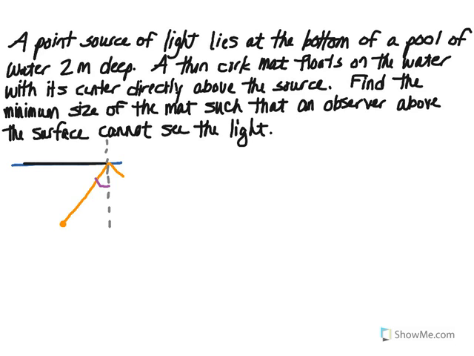And we can use Snell's law, the critical angle formula, to calculate this. So n times the sine of theta c equals n prime times the sine of 90.